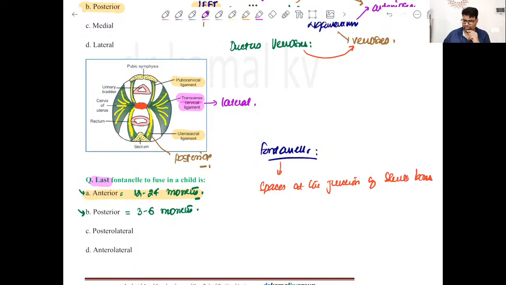So we know that these fontanelles are the spaces at the junction of the skull bones. And what is the importance? They help in molding of the fetal skull during delivery. Clear? So there is some amount of overlap, or molding, and this helps in passage of the fetal head through the maternal genital tract during normal vaginal delivery, right?